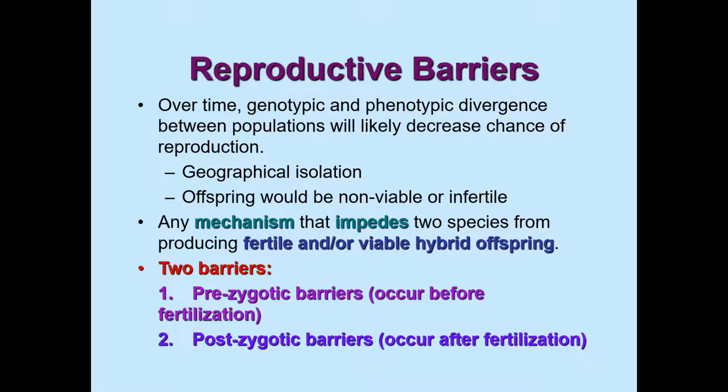Reproductive barriers are any mechanism that impedes two species from producing fertile or viable hybrid offspring, or offspring that doesn't thrive and doesn't live to adulthood. You can have prezygotic barriers, which occur before fertilization, or postzygotic barriers, which occur after fertilization.